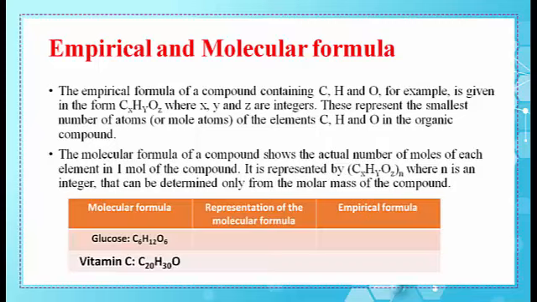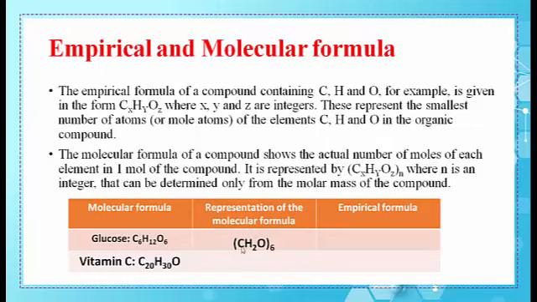For example, glucose, whose molecular formula is C6H12O6. We can represent its molecular formula by (CH2O)6. What is this 6? This 6 is the GCF of 6, which is the subscript of carbon, 12, the subscript of hydrogen, and 6 which is the subscript of oxygen.